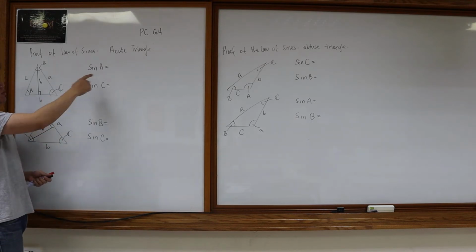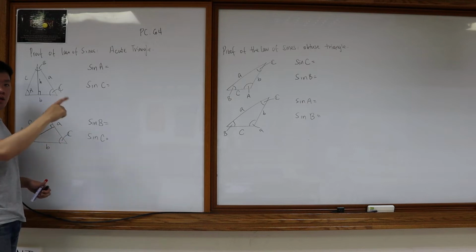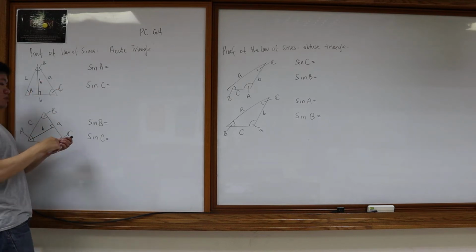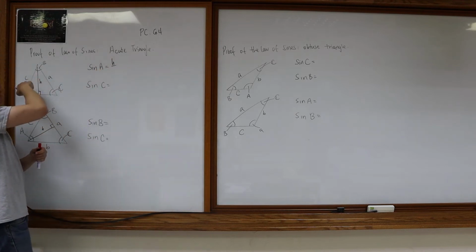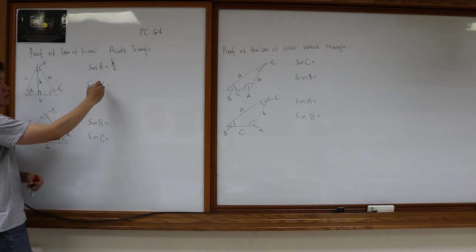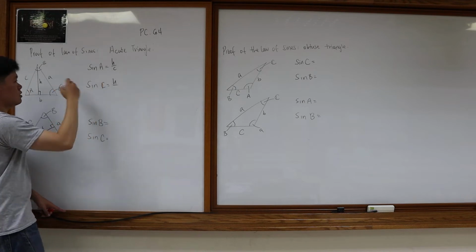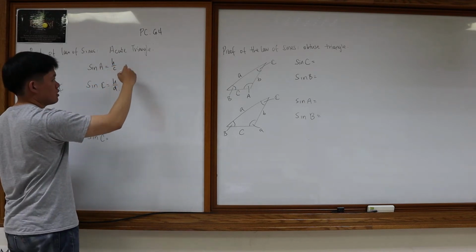Okay, so in these two triangles, in this triangle in particular, sine of A is equal to, sine is opposite over hypotenuse. So sine of A is equal to opposite, which is my H, divided by my hypotenuse, which is my C. Okay, so sine of C here, again, is equal to H over the hypotenuse A. Okay, and then for this situation, we combine these together.